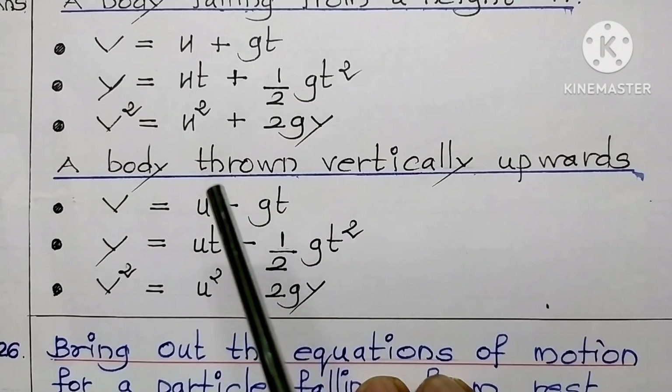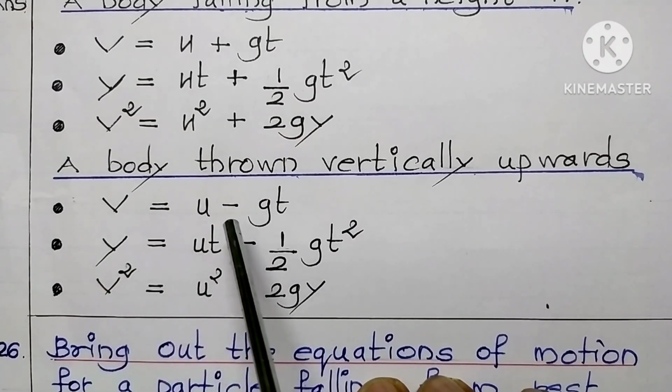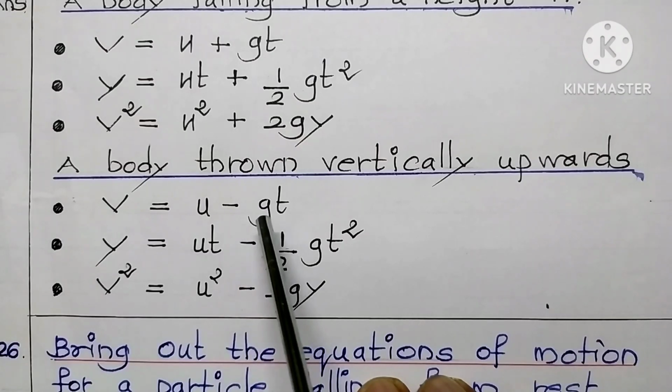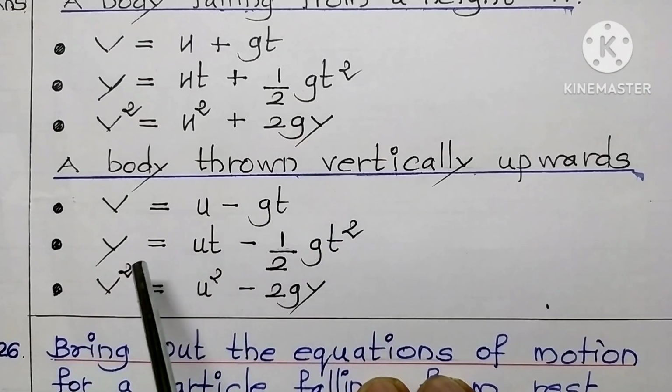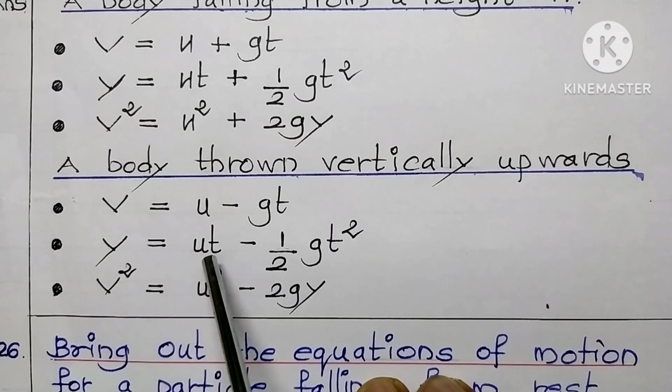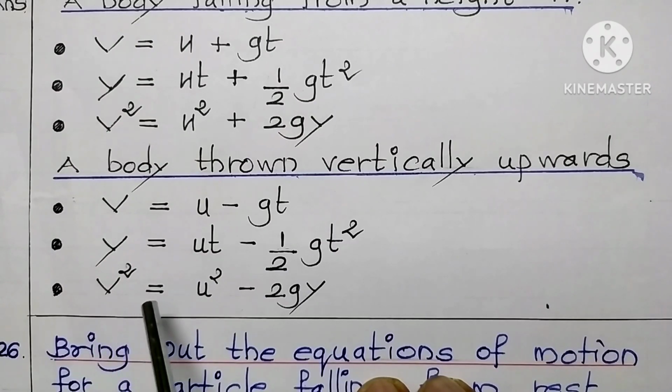But for a body thrown vertically upwards, in the opposite direction, we are going to take this g as minus g. So the equations become v is equal to u minus gt, y is equal to ut minus half gt squared, v squared is equal to u squared minus 2gy.